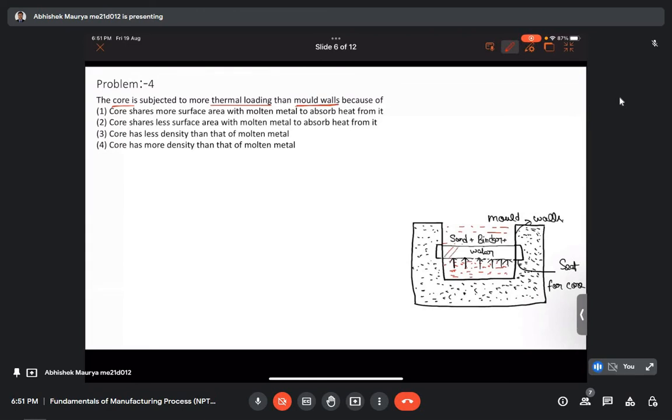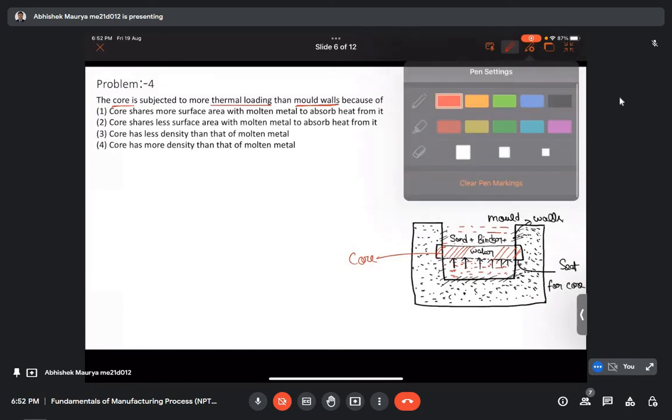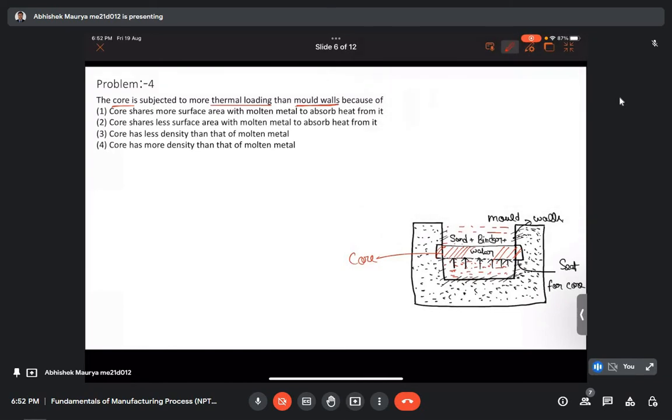This is the core, and these are the regions of the mold walls. Now when molten metal is poured inside the cavity, this whole region is the cavity region.